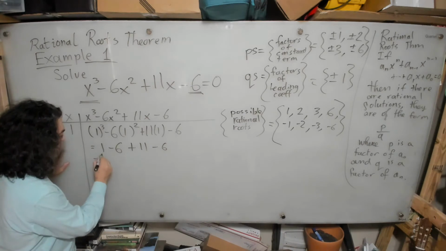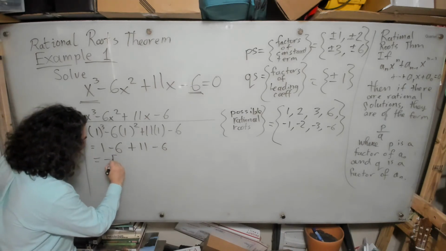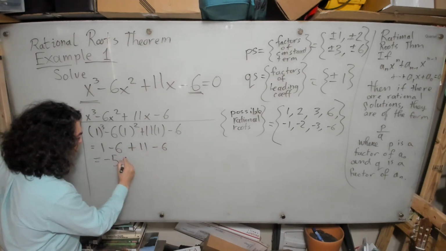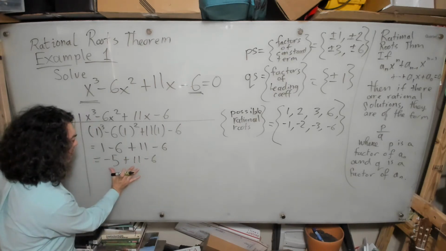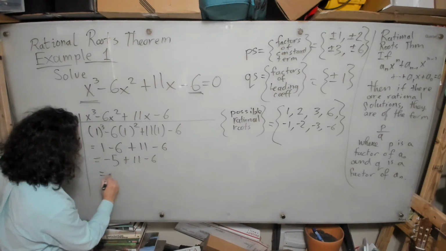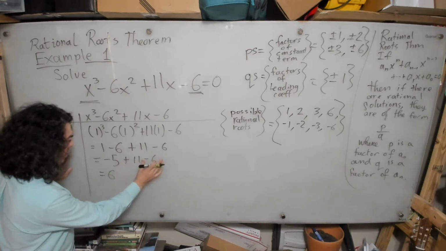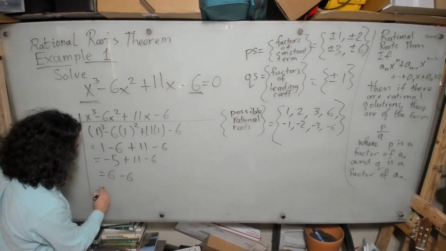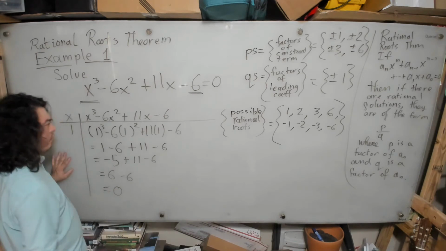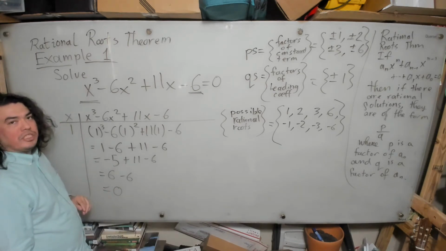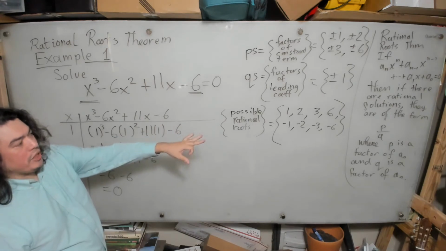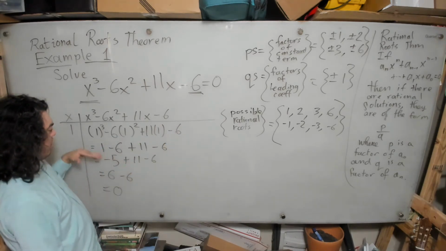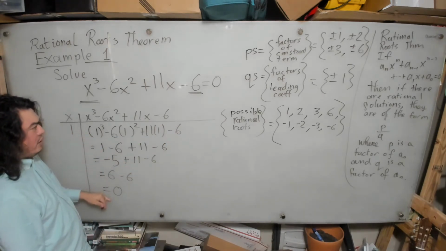What does this simplify to? 1 minus 6 is negative 5. Then I bring down the rest of this, plus 11 minus 6. What is negative 5 plus 11? That's positive 6, right? Then I bring my negative 6 down. And what is 6 minus 6? 0. Oh my God, look what just happened. We tested with the possible value 1, and we got that this expression simplified to 0.